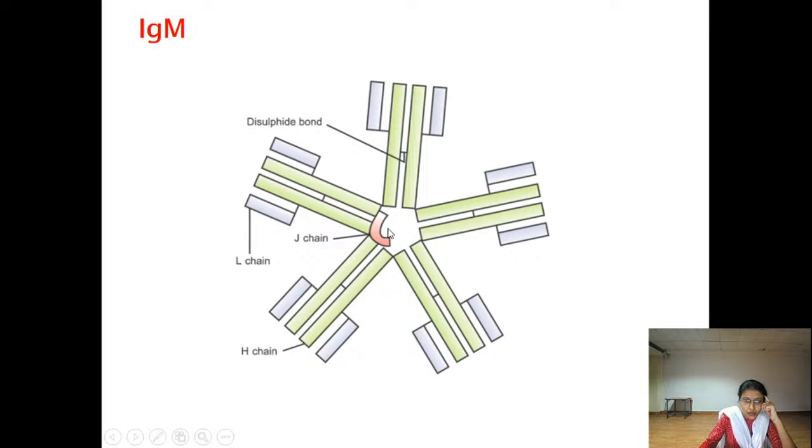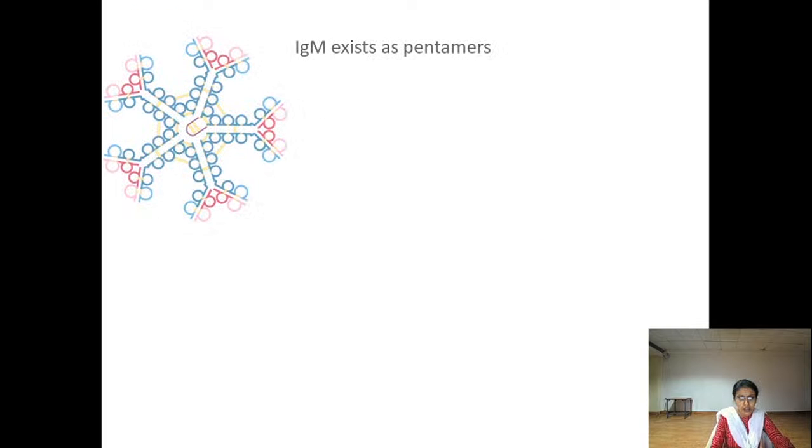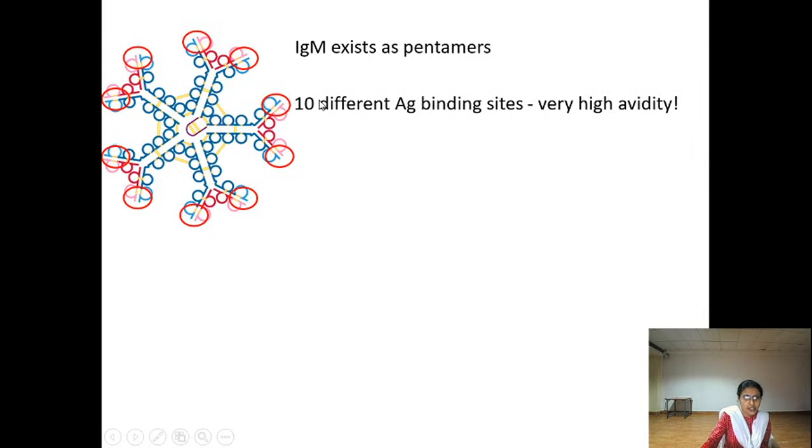Most IgMs are intravascular, and remember this IgM is the earliest immunoglobulin to be synthesized in the fetus or newborn. These IgMs are also very short lived and they disappear earlier than IgG. Here we can see IgM exists as a pentamer and it has 10 different antigen binding sites.